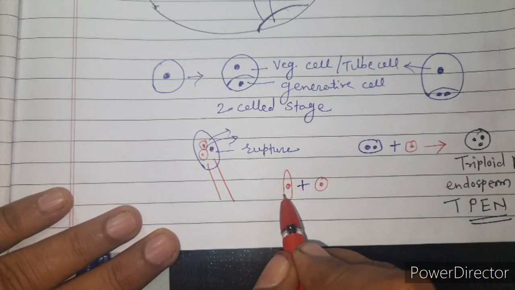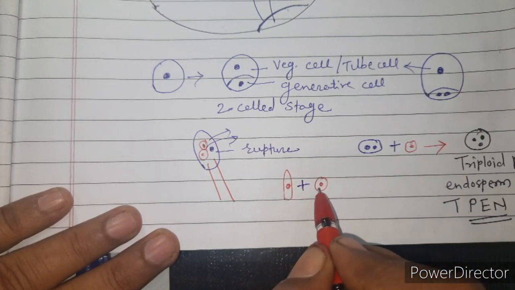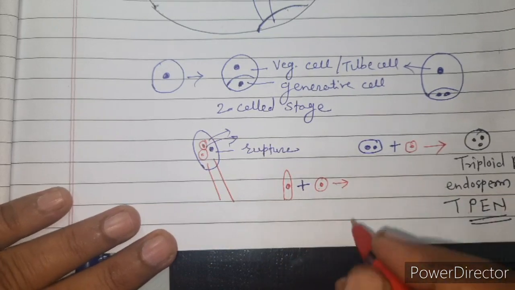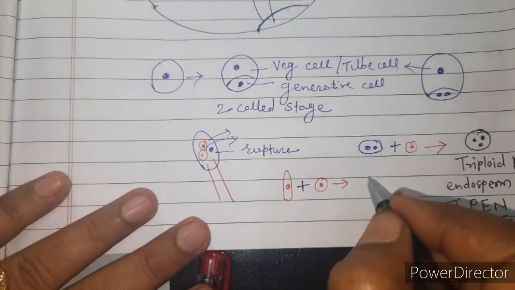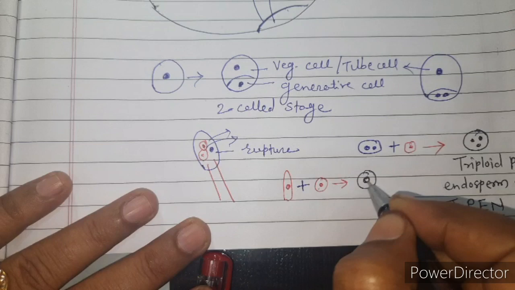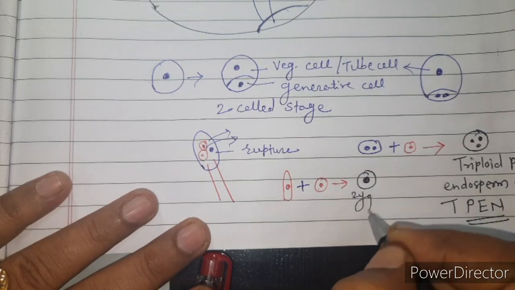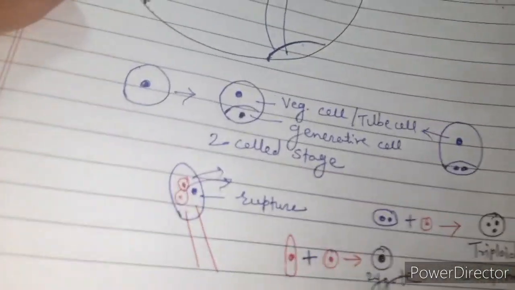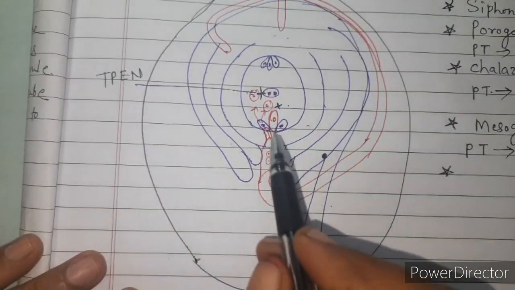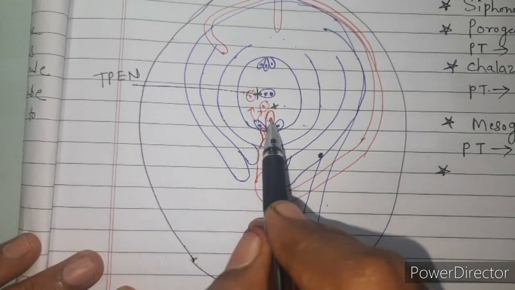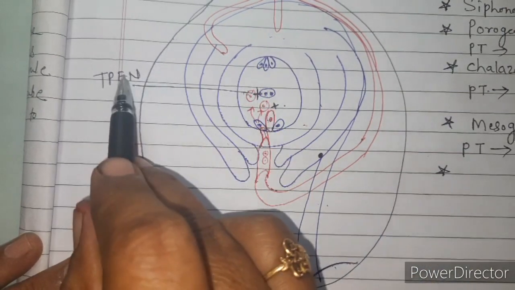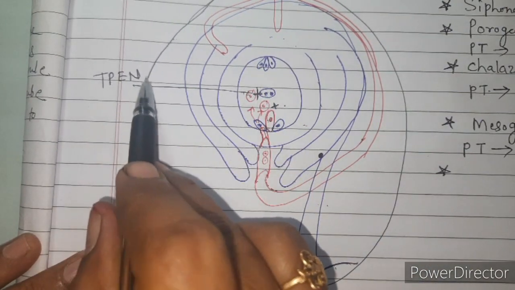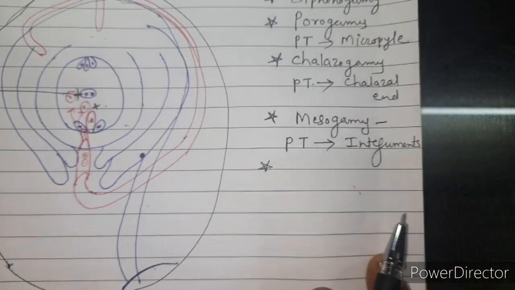So, the female gamete fuses with the male gamete and there is formation of a diploid structure, and we know it is called the zygote. So, the zygote is formed towards the micropylar end, and in the middle there is formation of the triploid primary endosperm nucleus.